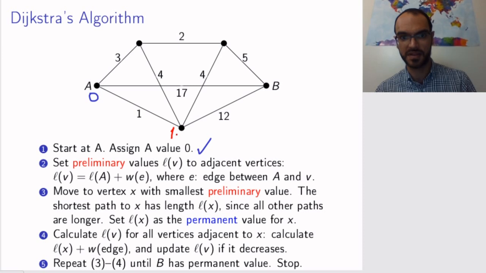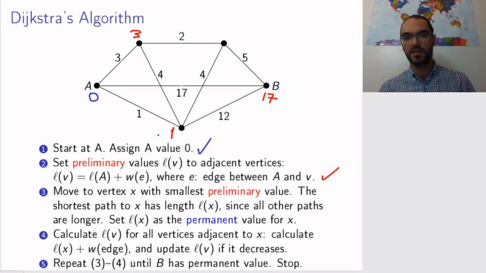So the length of this one is 1. The length of this edge is 3, meaning that this particular path from A to this point has length 3. And the length of this path from A to B is 17, so I add 17 to 0, I get 17 here. These are not necessarily the shortest paths, but these are the paths I get if I go the direct route from A to these vertices.